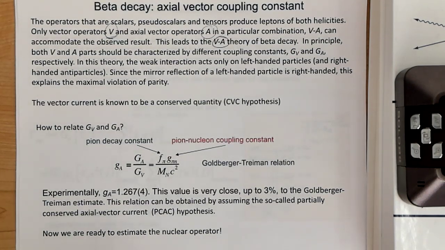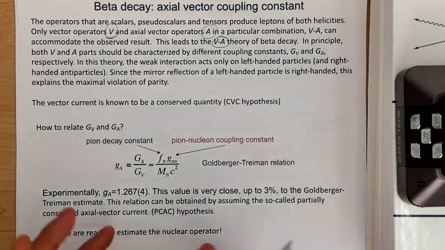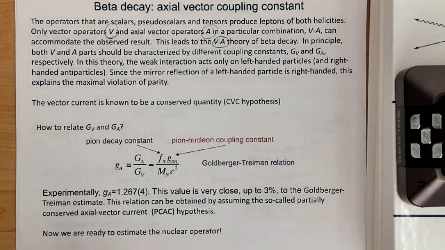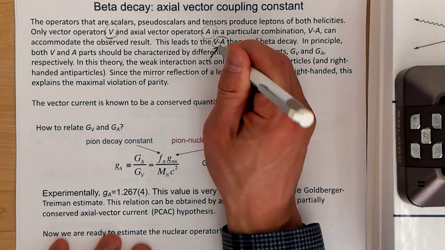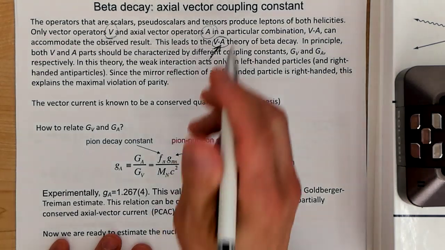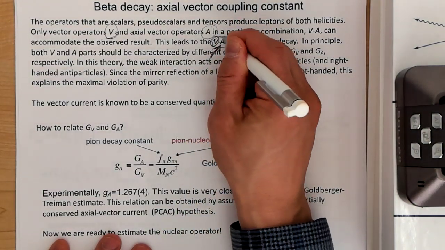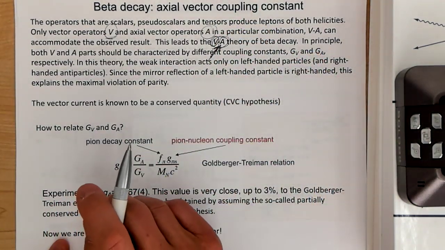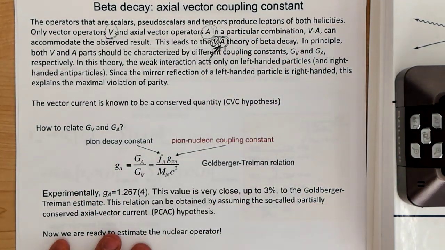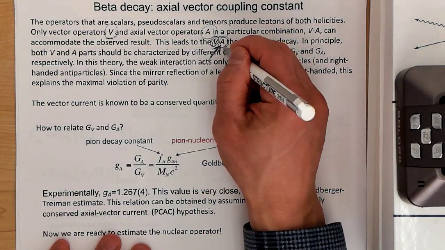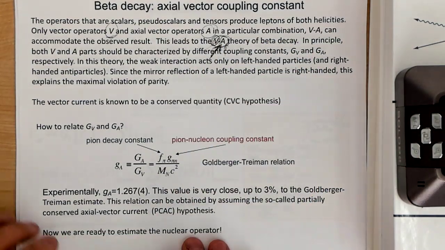This, by the way, was not understood until relatively recently, well, in the 50s, that parity was even broken. But the point here is that there's what's called a maximal violation of parity, where there's an equal amount of vector and axial vector piece to the interaction. The fact that the axial piece is there at all was a surprise, but the fact that it was as big as the vector part was a big surprise.